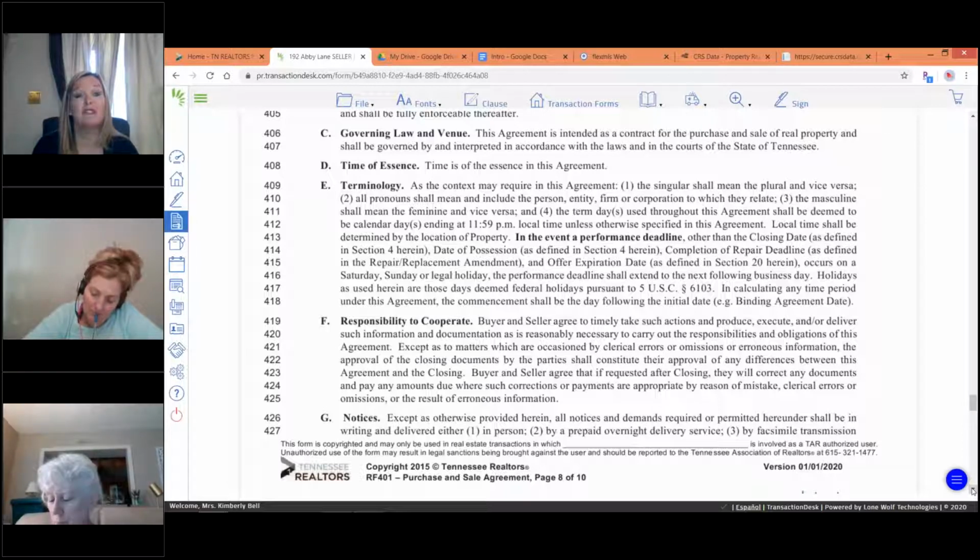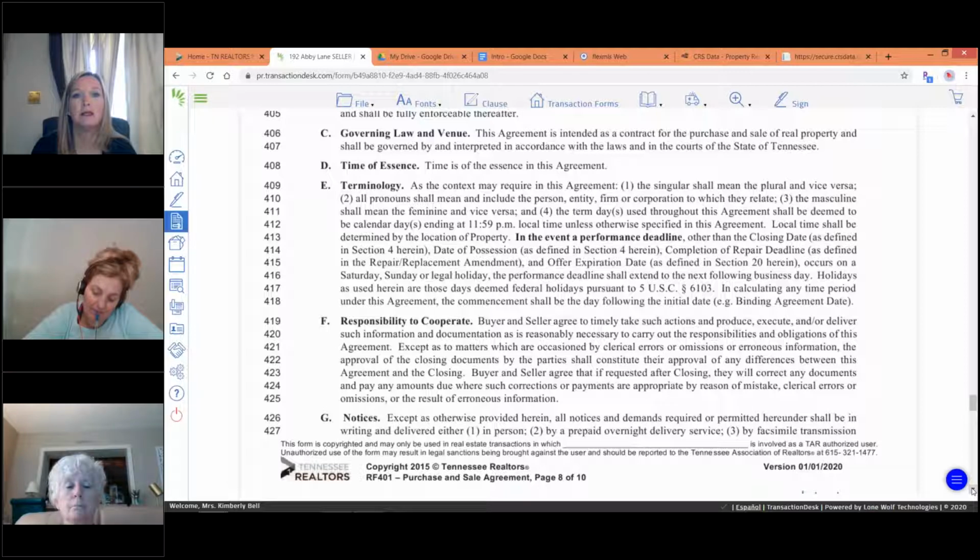So if it's saying agent, it also means brokerage, it also means firm. The masculine shall mean the feminine and vice versa. And 4, the term days throughout this agreement shall be deemed calendar days ending in 11:59 local time unless otherwise specified in this agreement. Local time shall be determined by the location of the property.